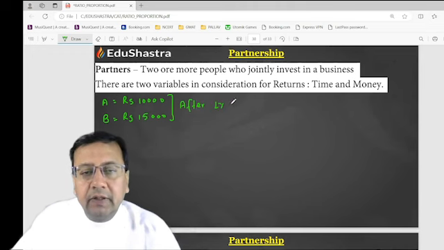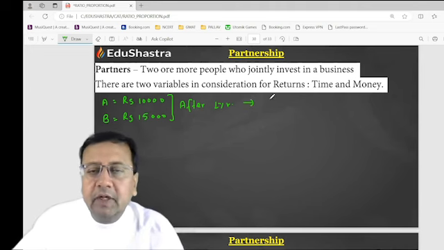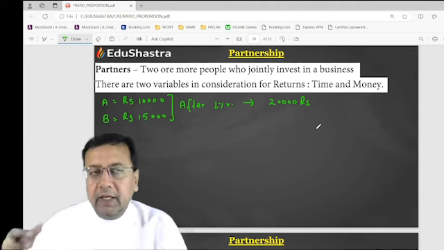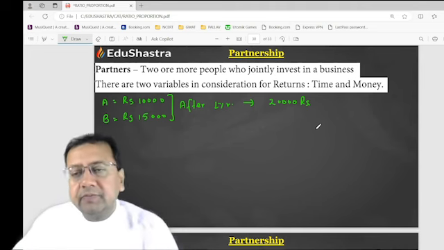After 1 year, the total profit is, say, 20,000 rupees. So can you tell me in what ratio they should divide the profit?